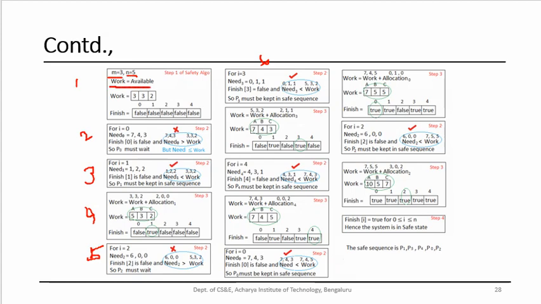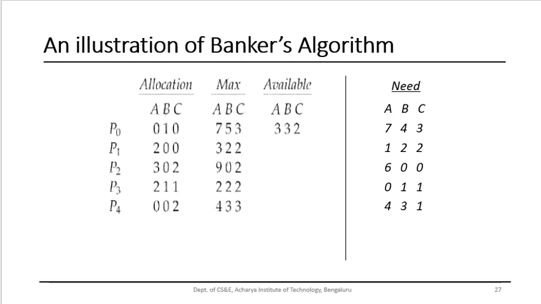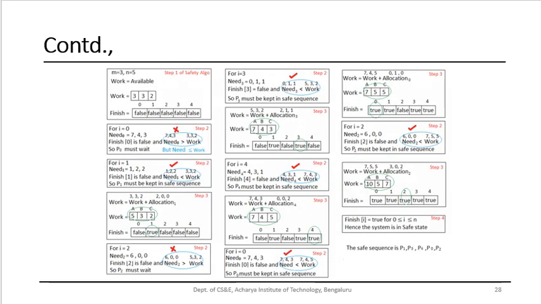Now, initially, as per our safety algorithm, what are we trying to do? Assign available to work. Let me go to the previous slide and show you how many resources are available. You see available is 3, 3, 2. So I'll start with that and assign 3, 3, 2 to work. This work is another vector whose length will be equal to m.